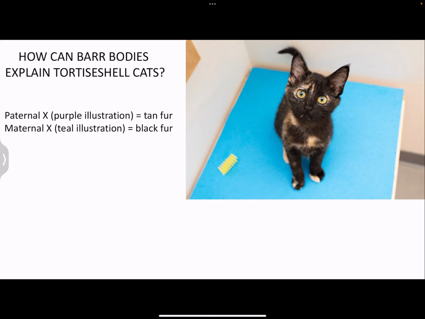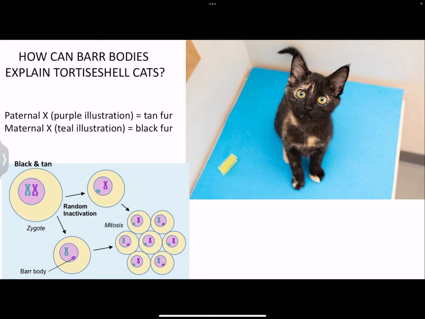You could use bar bodies in this mosaic model to explain the tortoiseshell color on cats. So if we look at this cat, and we see this tan fur and this black fur, we can explain this using bar bodies. So just imagine that the purple X that we see here is for tan fur, and this other X here that's teal, it's going to be associated down the road with cells that produce the protein for black fur.